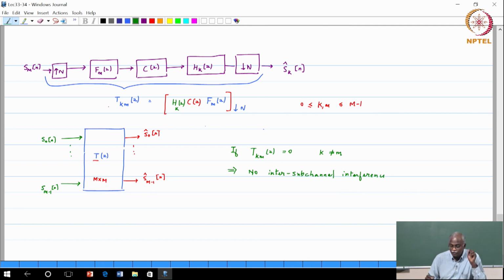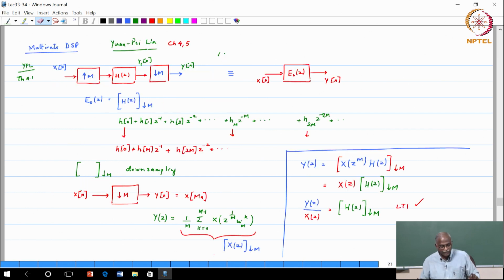You agree with that? Now, can you also explain how you get the T k m? What happened to the upsampling by the factor? Okay. Yeah, no problem. I'll show that in a minute. So, when I have upsampling by n followed by filtering followed by downsampling, that is theorem 4.1 of Yuan Pei-Lin. That's the zeroth polyphase component. Here T's are transfer functions.